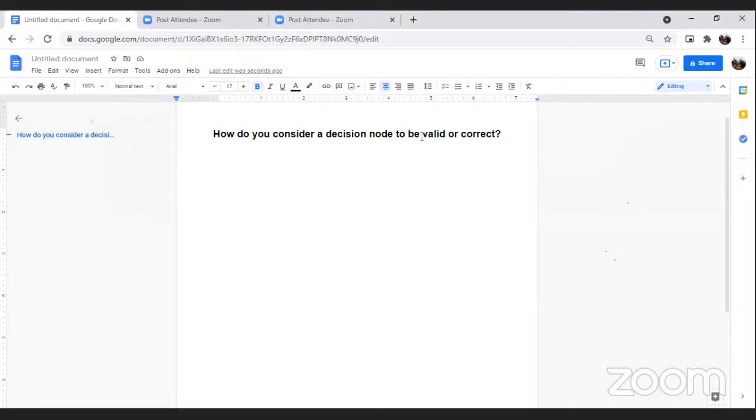So how do you consider a decision node to be a valid or a correct node? Let me wait for the answers. All right, the answer could be regarding the decision tree impurity, I mean the information gain and the entropy that we were discussing. You could frame your answer on the basis of those parameters.